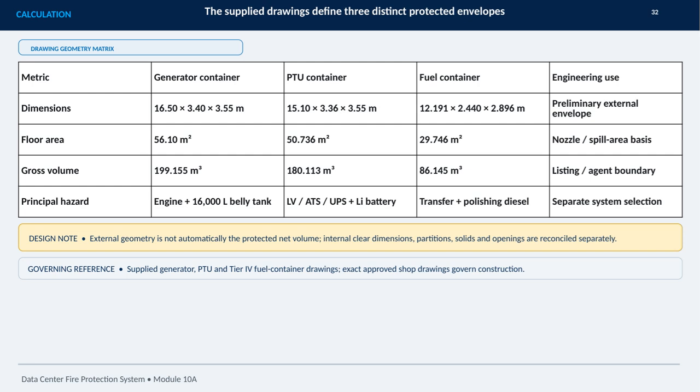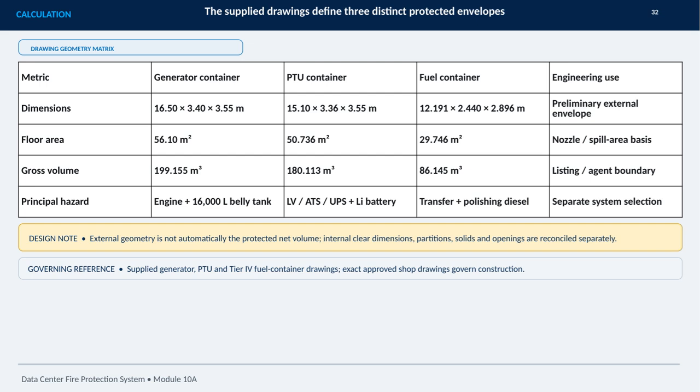The PTU container is smaller, but it combines low-voltage equipment, ATS and UPS assemblies, and a lithium-ion battery. The fuel container is the most compact, with transfer and diesel polishing equipment as its principal hazard. The key design point is that external geometry is not automatically the protected net volume.